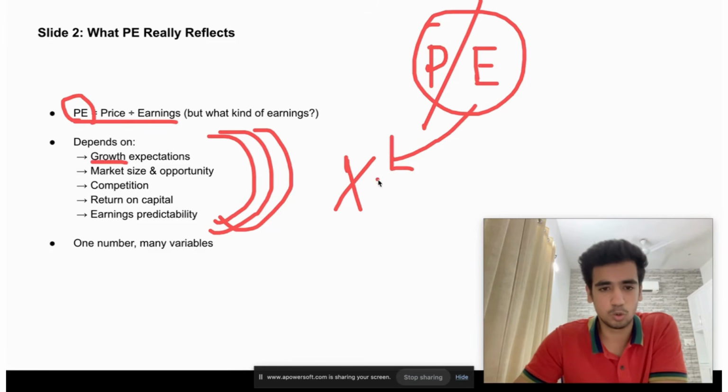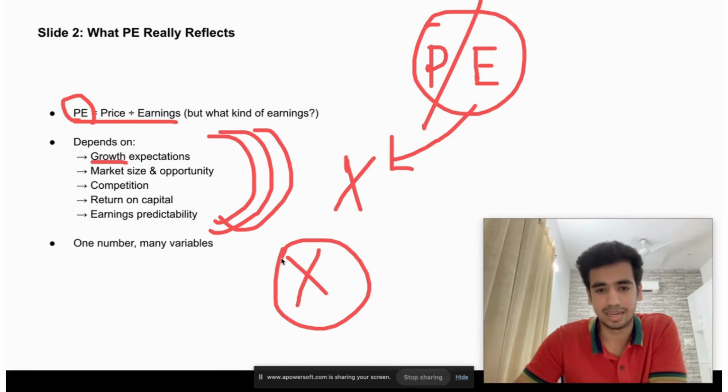So growth expectation will actually make a company command a higher P/E. So let's say a garment company is expected to earn X in the next year, but there's a crisis in Bangladesh.